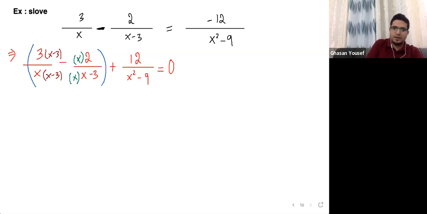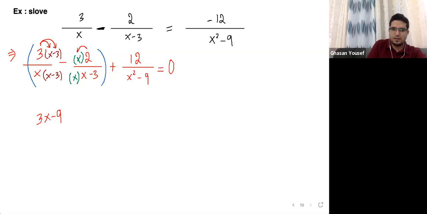So now I get another fraction equivalent to this one inside the parentheses. The denominator will be equal by multiplying x times x minus 3, and here multiplying x by this expression. So now I get here 3x minus, I distribute the 3 inside the parentheses.